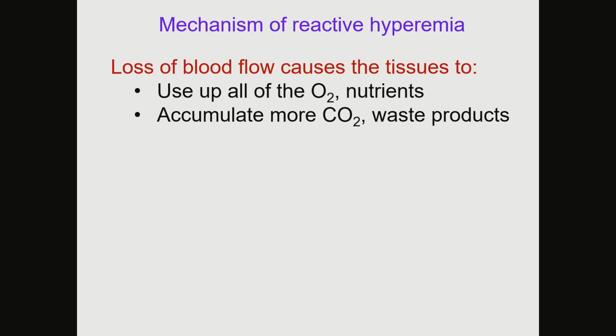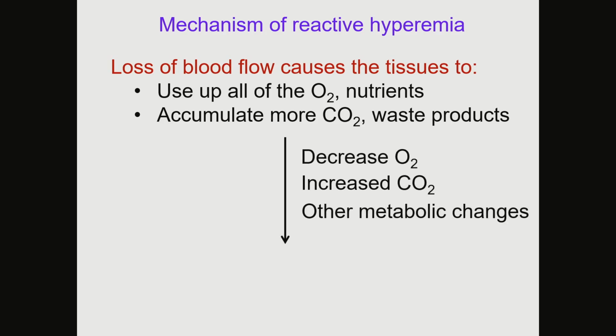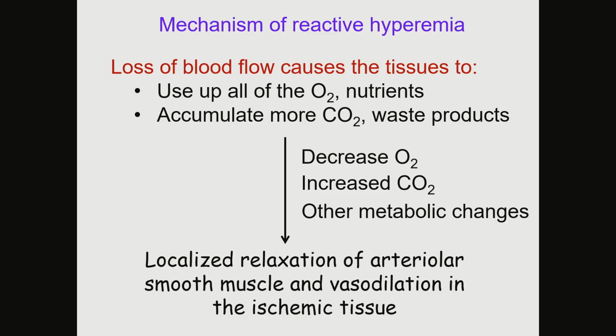And remember that that stimulates vasodilation of the arterioles. Hence, decreased oxygen, increased CO2, you get vasodilation of those arterioles. So they're all dilated. When you take off the tourniquet, what happens? Blood rushes into your arm and it turns bright red, okay?